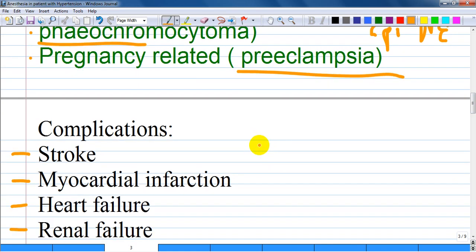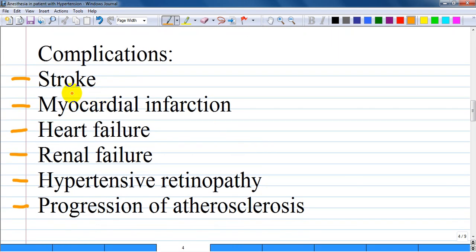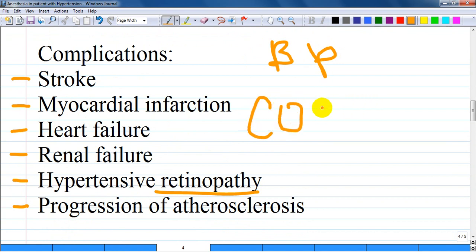Let's go on to the slide with complications. As you see: stroke, myocardial infarction, heart failure, renal failure, hypertensive retinopathy, and progression of atherosclerosis. Blood pressure has two components: cardiac output and of course peripheral vascular resistance.